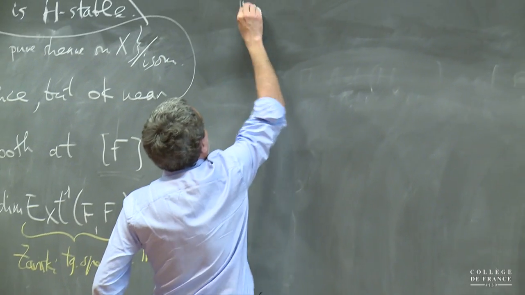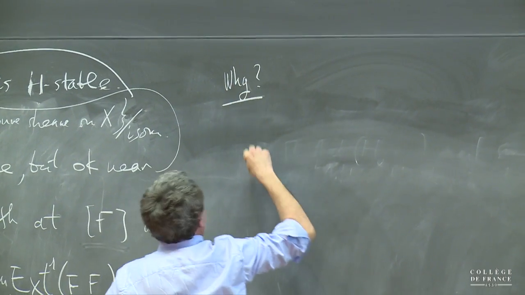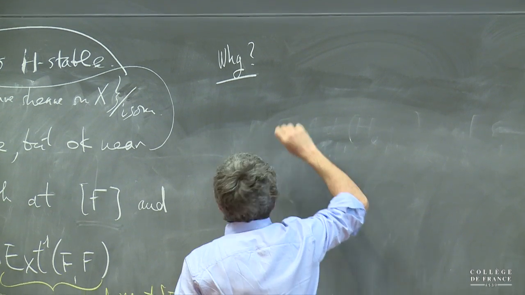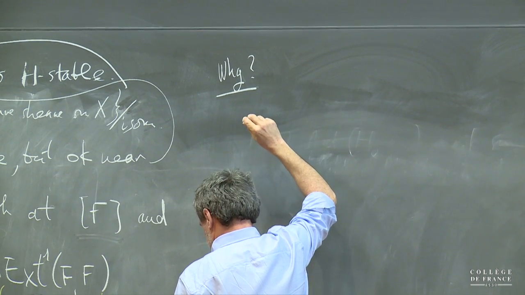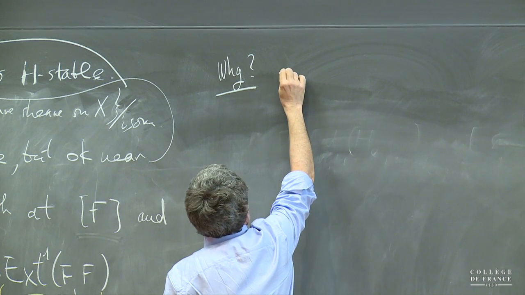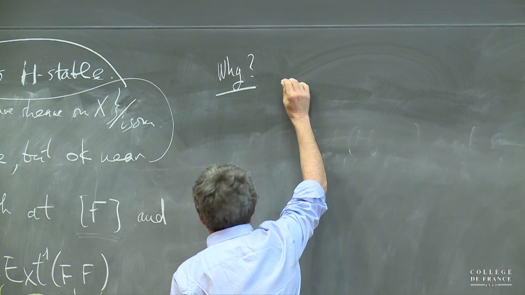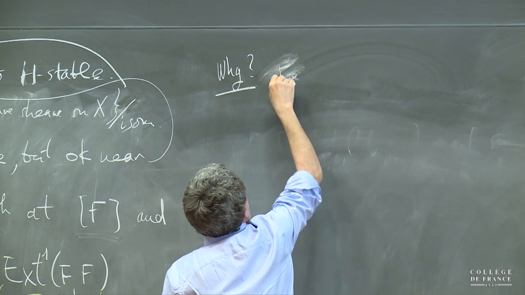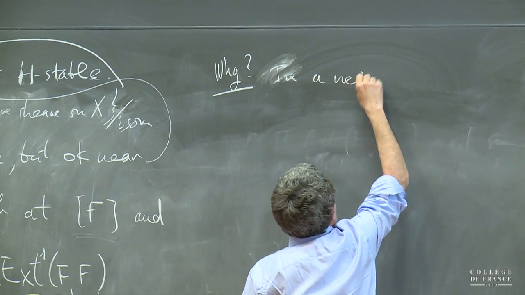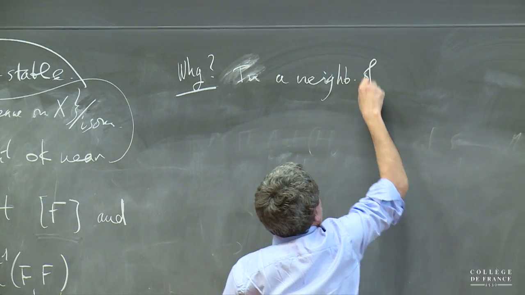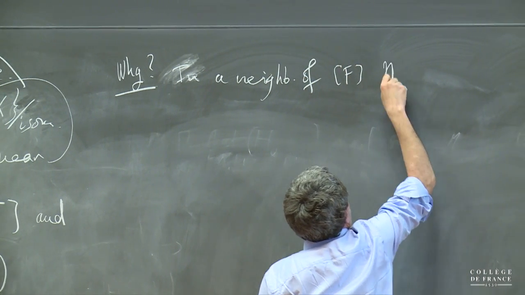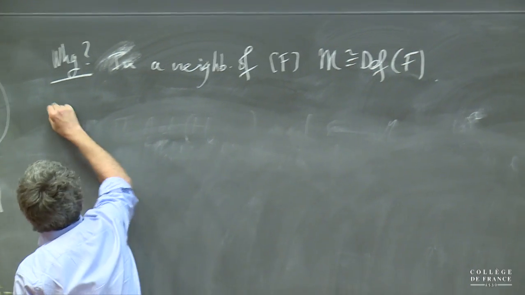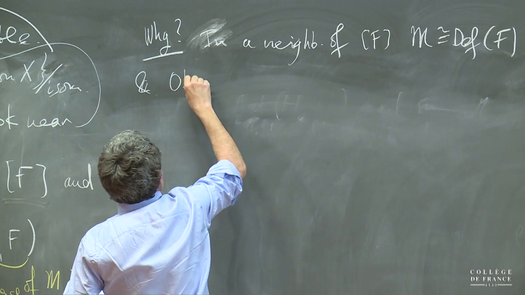Well, this is because in a neighborhood of F, M is the same thing as the deformation space of F, and the obstruction.